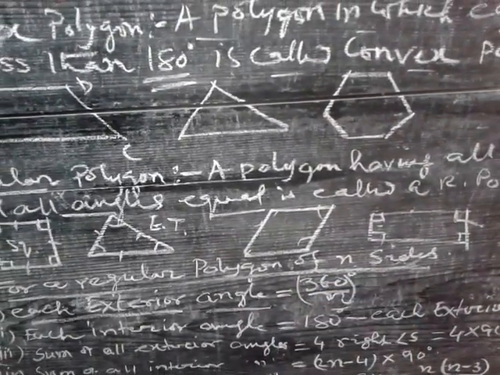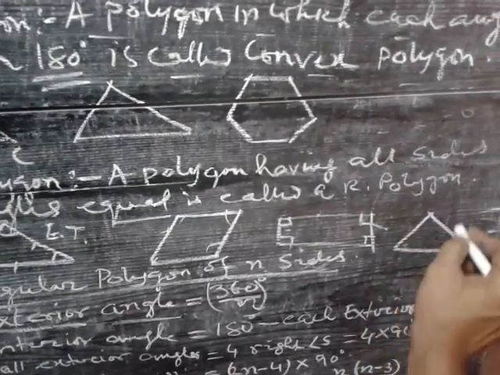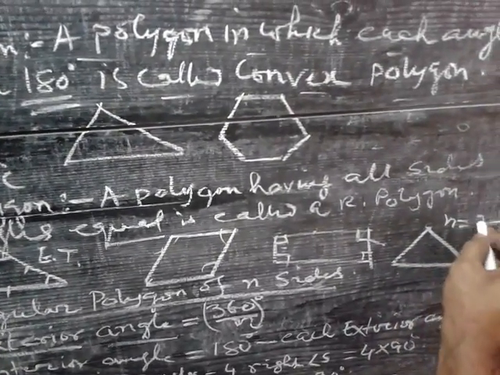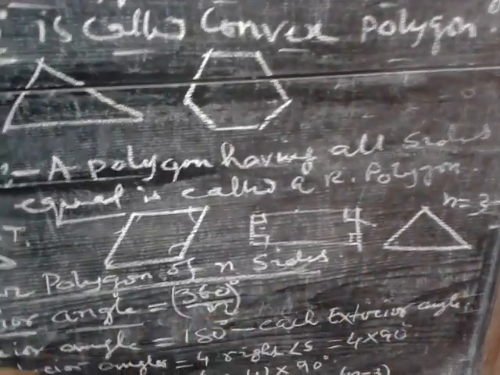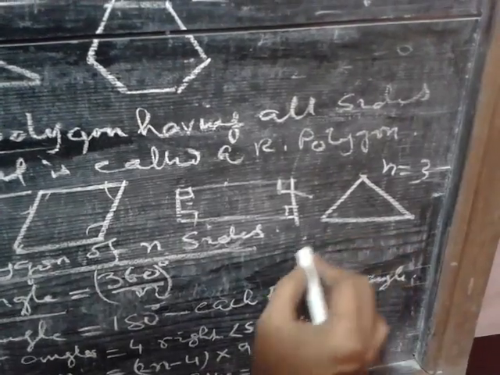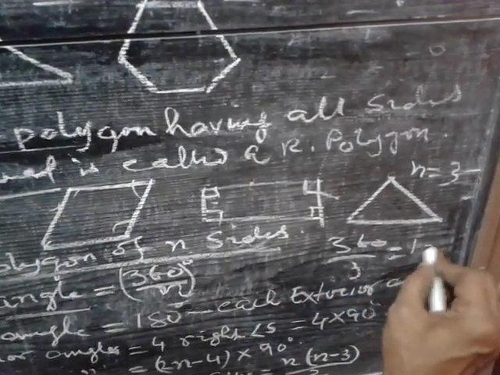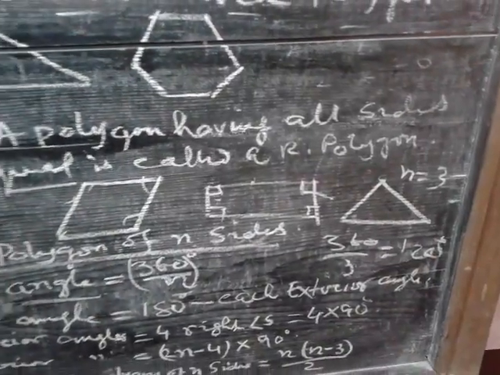Suppose it is a triangle, n equal to 3, then each exterior angle will be 360 by 3, it will be 120 degrees.